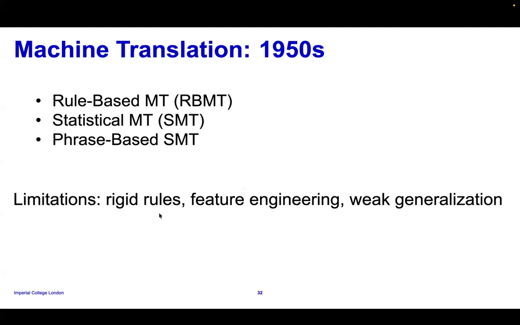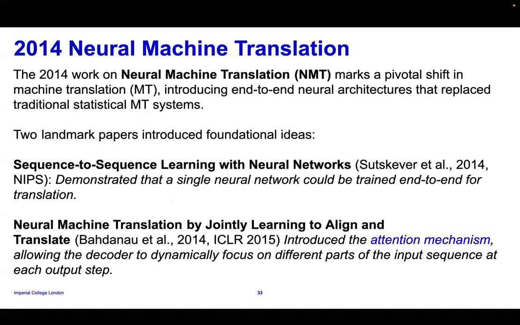But the problem is that all these are not good enough. They are rigid rules, meaning that because you use rules, you take a word from one sentence to translate it, and they cannot generalize well. For example, if I translate a particular document, it cannot help me translate another document, which is poor generalization.